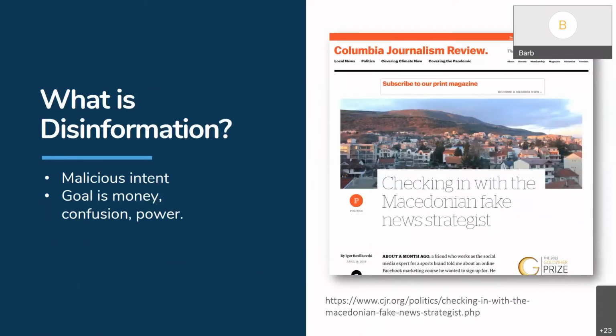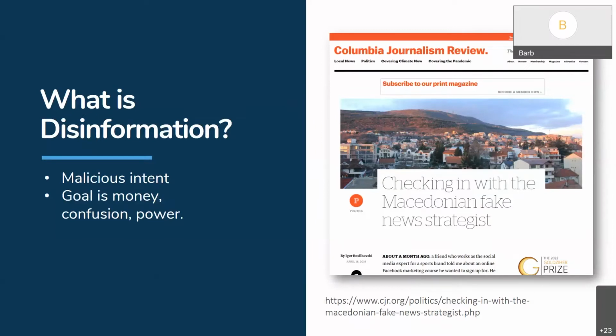So what is disinformation? It's information put out into the world with an intent to deceive. People use disinformation to, among other things, make money, sow confusion, and gain political influence. It is malicious.